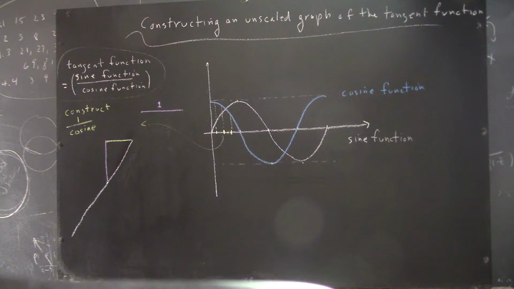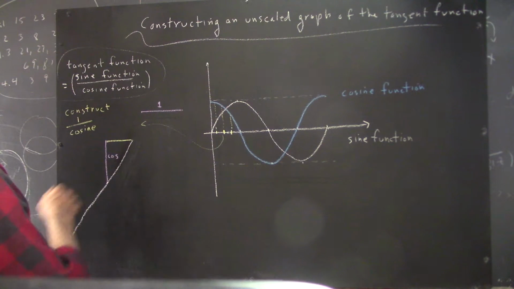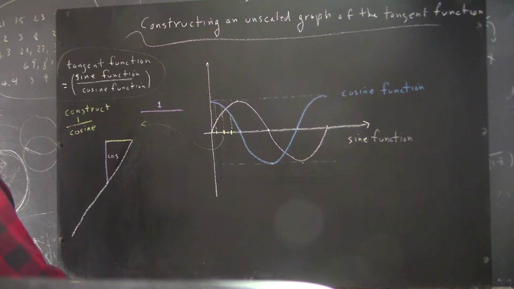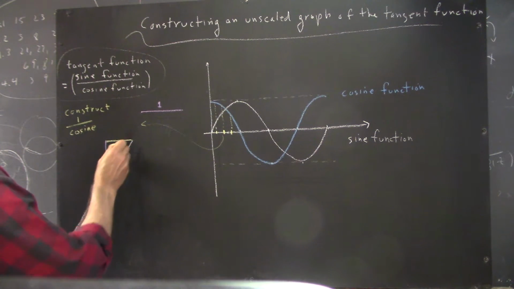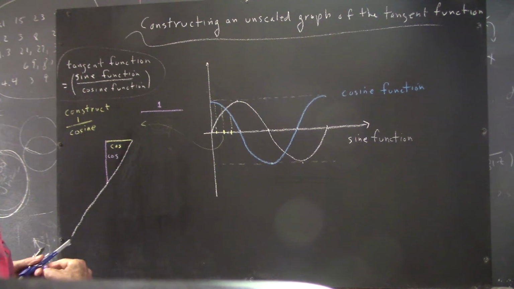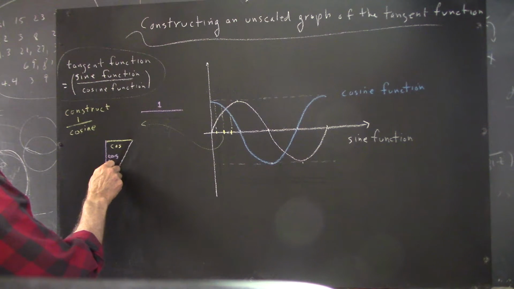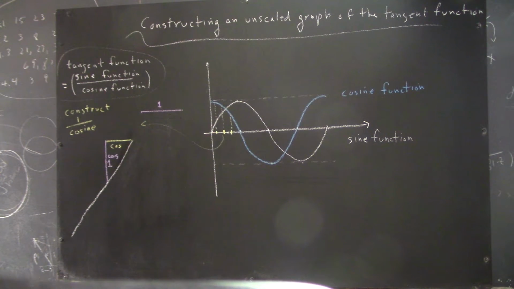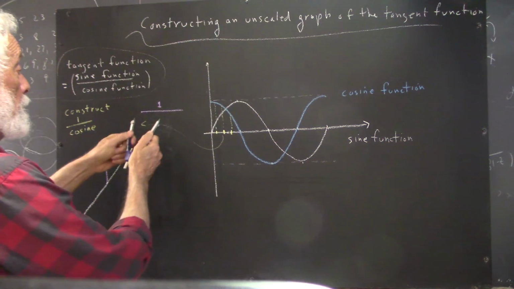Okay, now what we have at this point is the value of the cosine here. No, the value of the cosine is here. And 1, not the value of the cosine, I'll get that off the board in a minute, 1 is here. Okay. Now what I want is a similar triangle where this side is 1.